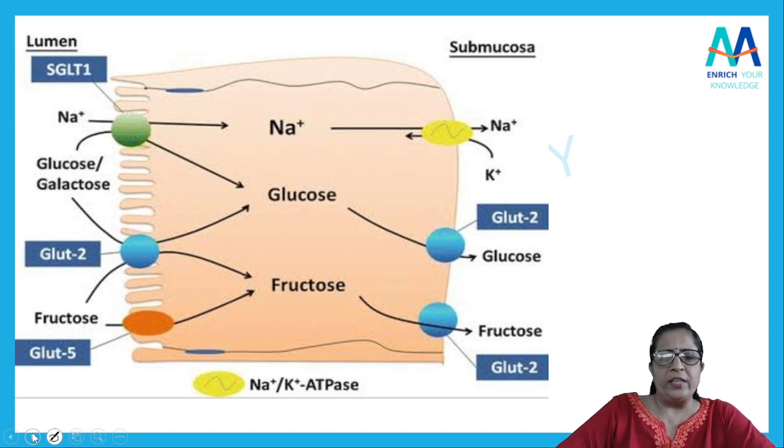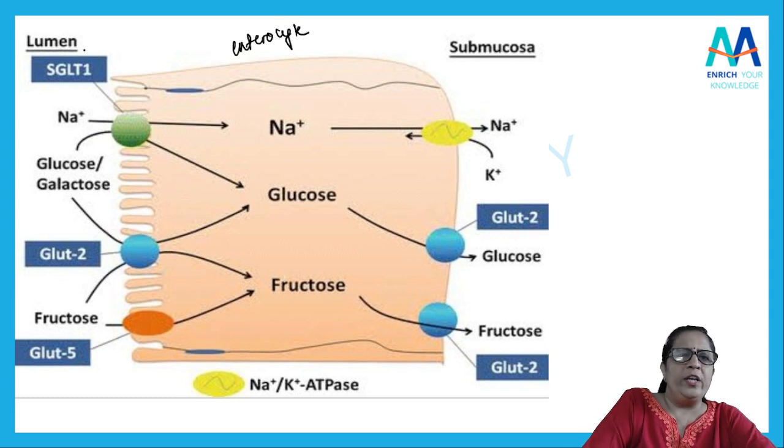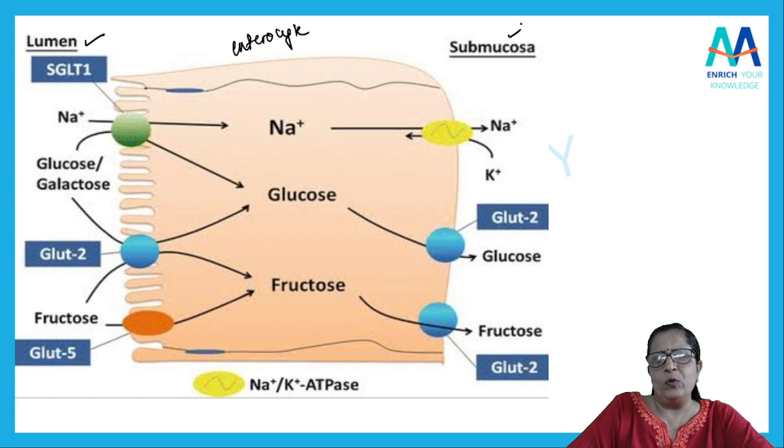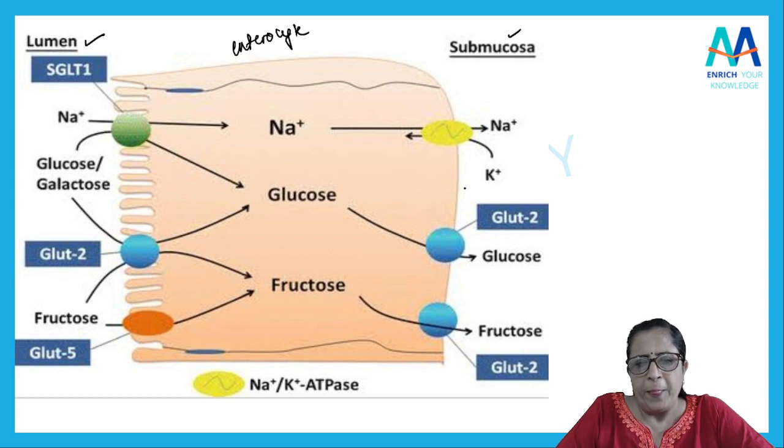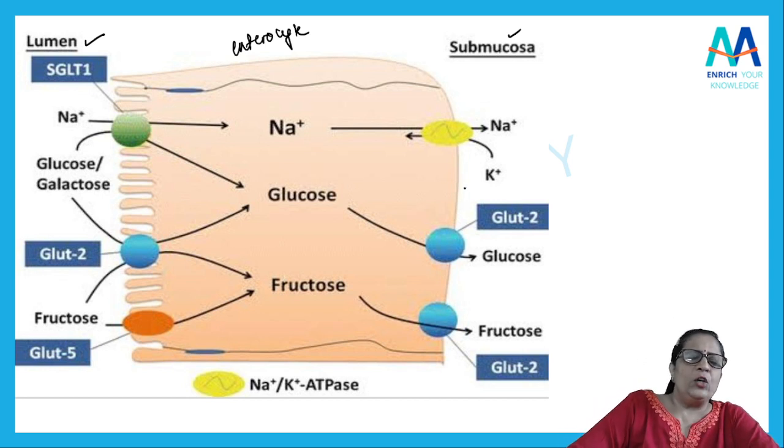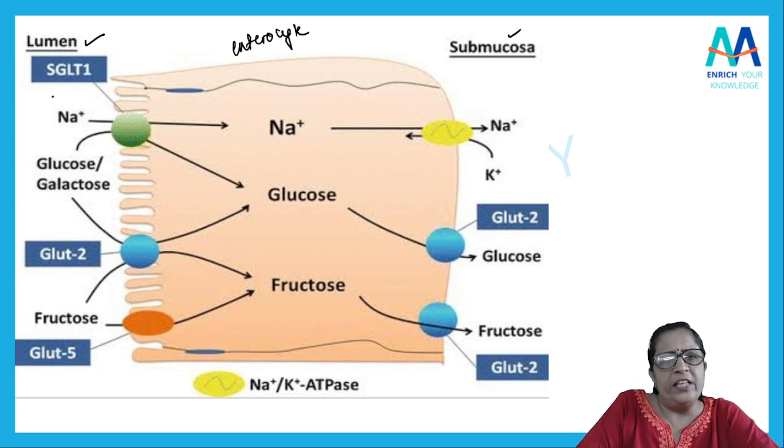This is an enterocyte cell. Now this is the luminal side and this is your submucosa. So this is the luminal membrane and this is the basolateral membrane. Got it? You can see, from the luminal membrane, what is SGLT1 doing?